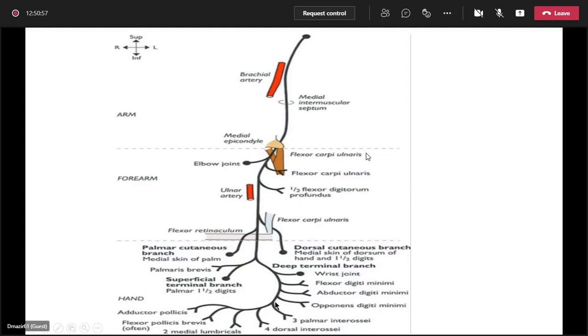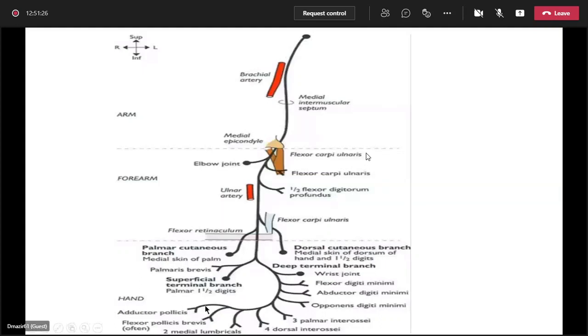And then the medial two lumbricals are also supplied by the ulnar. The lateral two lumbricals are supplied by the median nerve, and the deeper muscles of the thumb, adductor pollicis and flexor pollicis brevis, are sometimes more often supplied by the deep terminal branch of the ulnar.